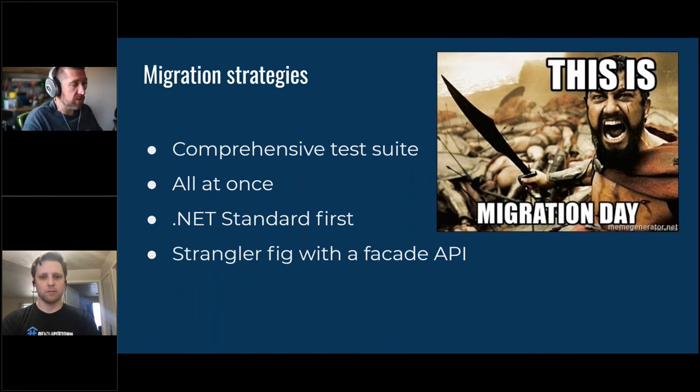This way, because our facade API essentially passes through a lot of traffic, it's always in sync with the old stuff. And then as needed, you start to bring that old stuff into the new API, and that slowly starts to take over. So that's been a proven approach that works pretty well.